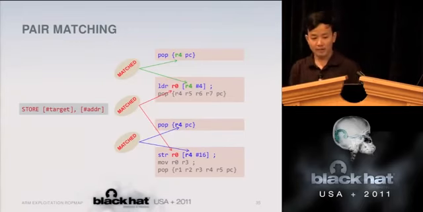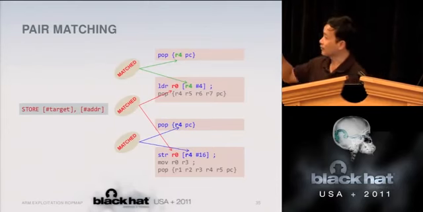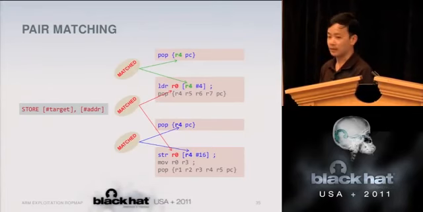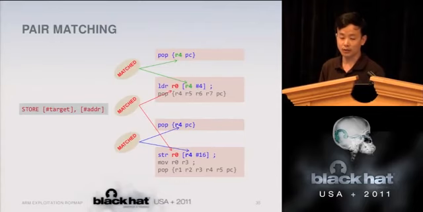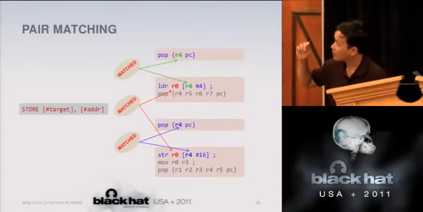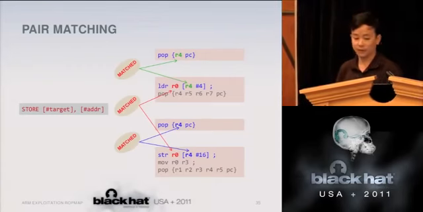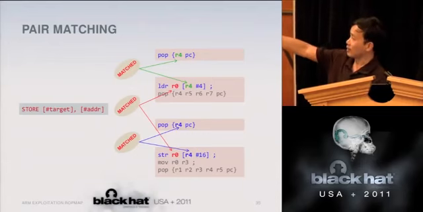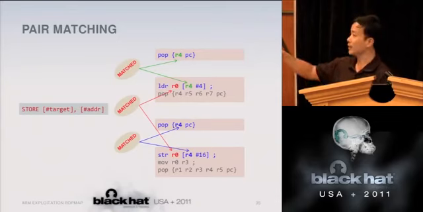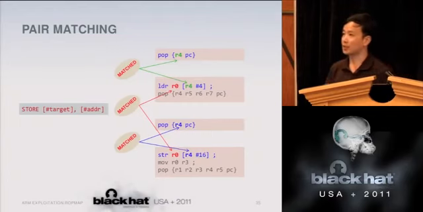Then we move up. We know we have to load the value to R0 so it can be used in the last store instruction. In our candidate list, we find LDR R0 from R4 plus 4, so we have a pair match here: the R0 of the second instruction with the fourth instruction.